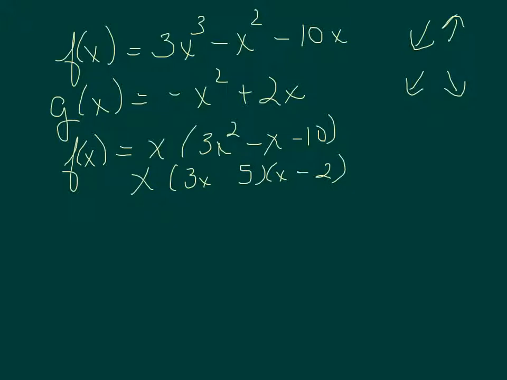And if I have that one negative and that positive, does that work? Yes. So x could be 0, that's a zero. x equals negative 5/3, and x equals 2. Those are my zeros.